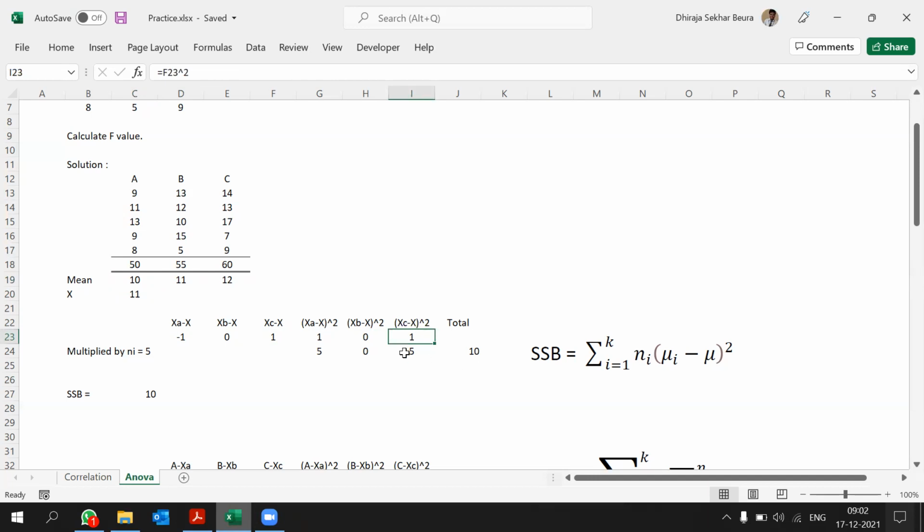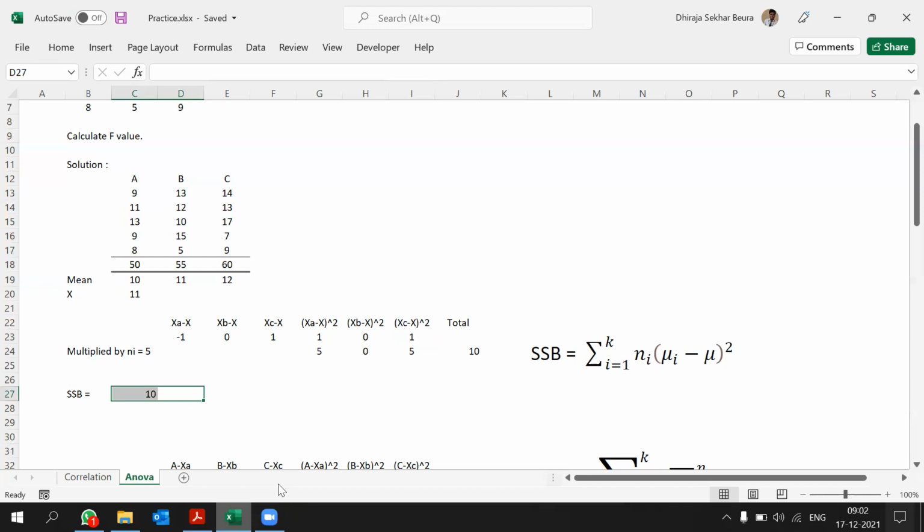Once we have done that, we multiply by Ni. What is Ni? Ni is nothing but the number of items, that is 5, in each of these differences. That comes to 5, 0, 5. The total of this, which is 10, is your SSB. We just remember the formula through the table.